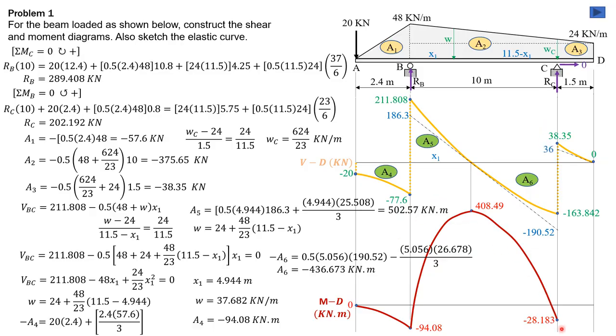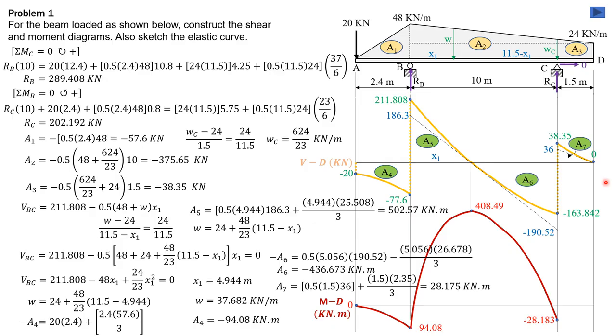Therefore, the ordinate here is 408.49 plus negative 46.673, negative increasing, so negative 28.183. Then to solve for area 7, let's draw the tangent. The tangent is negative 24 because we have intensity of 24 downward. Negative 24 times 1.5 is 36, the ordinate there. So area 7 is the area of a triangle plus the area of a spandrel.